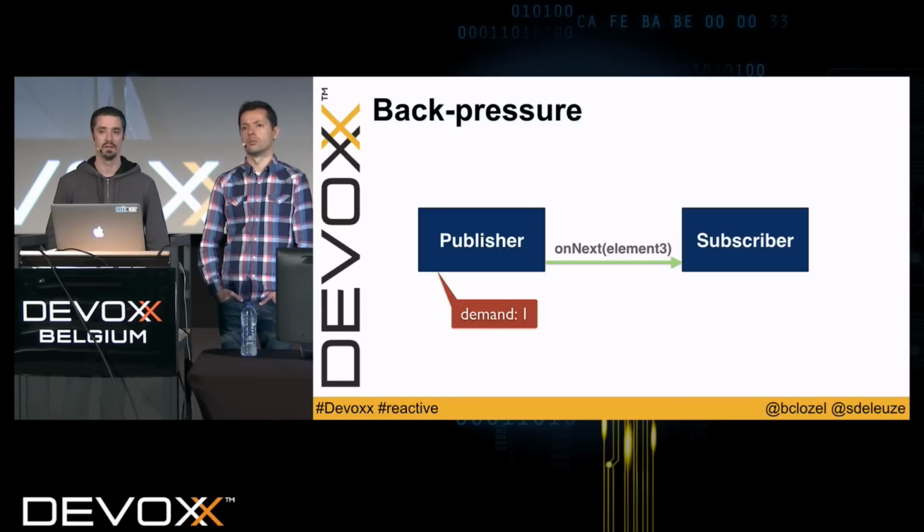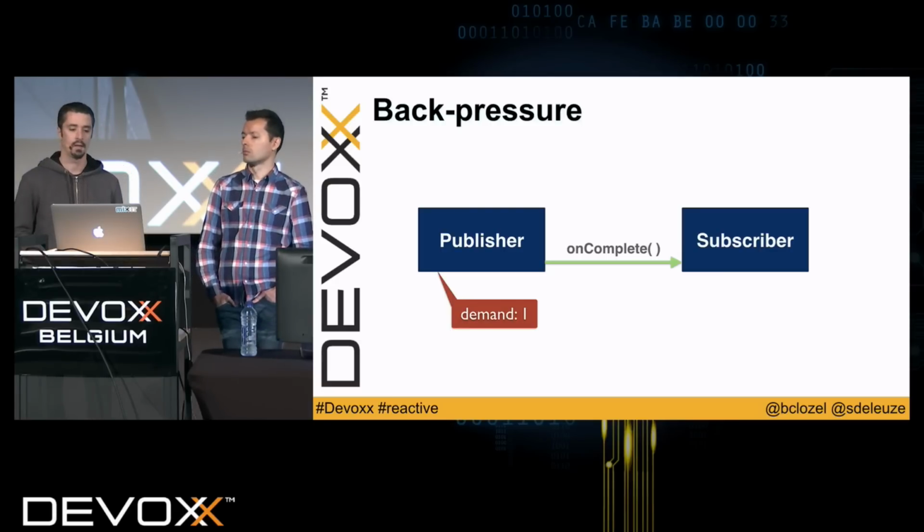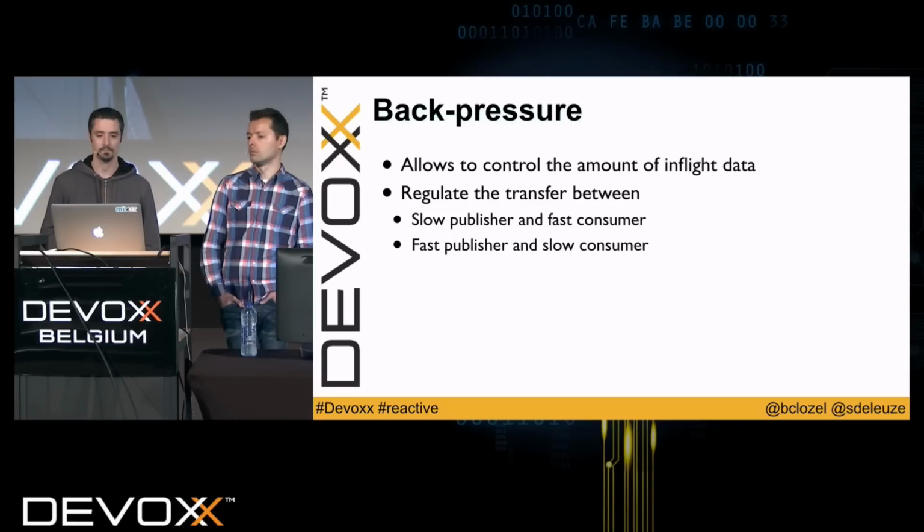He knows he has 1 element left to send to the subscriber. Here it was just a stream with 3 elements, so he sent an onComplete signal to say the transfer has been completed successfully. He could also send an onError signal to say there was an error, and that's it.